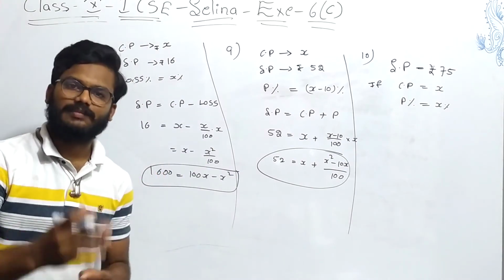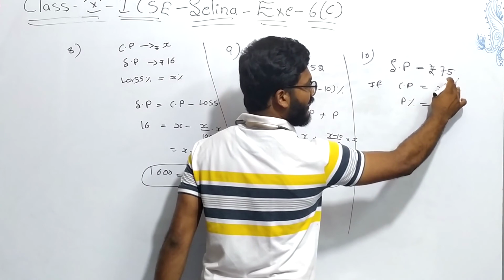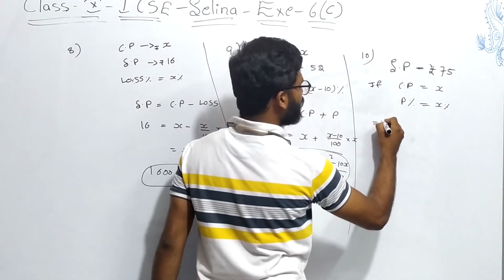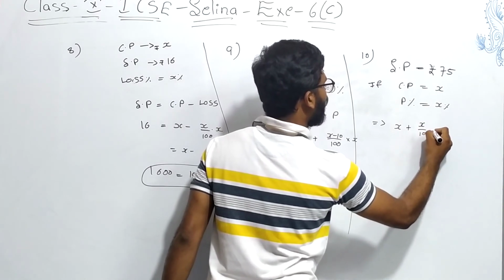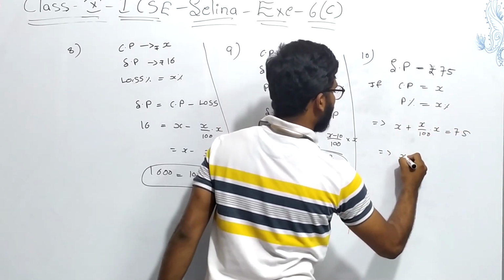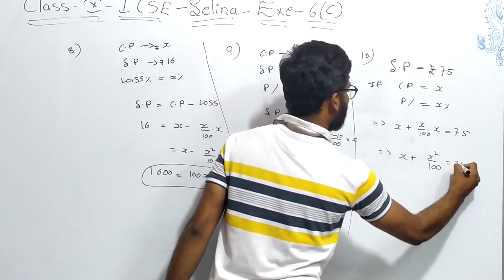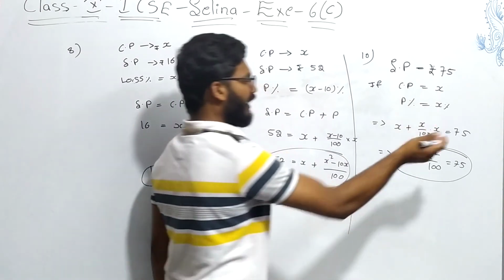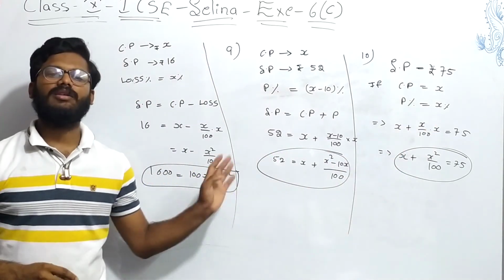He gained as much percent as the cost price. So how much the cost price is, that much percentage he gained. So same condition. So x plus x percent of x, CP, is equal to 75. So x plus x square by 100 is equal to 75. Again we will get x square plus 100x minus 7500 is equal to 0 and we have to solve.